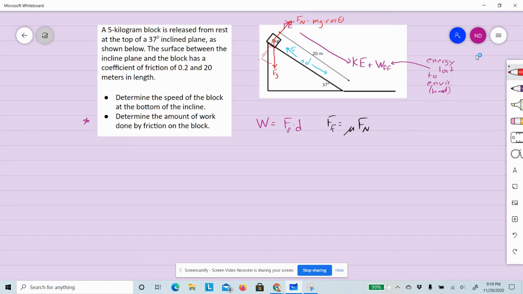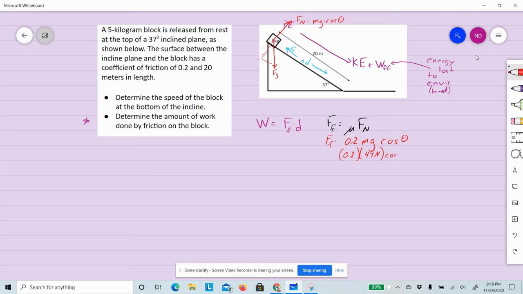So, all right, what is the normal force? The normal force is going to be mg cosine theta. So we're going to get mu, which we're told is 0.2. The force of friction equals 0.2 times mg cosine theta. That's the normal force. So 0.2 times mg, the weight of this thing, is going to be 49 newtons, right?